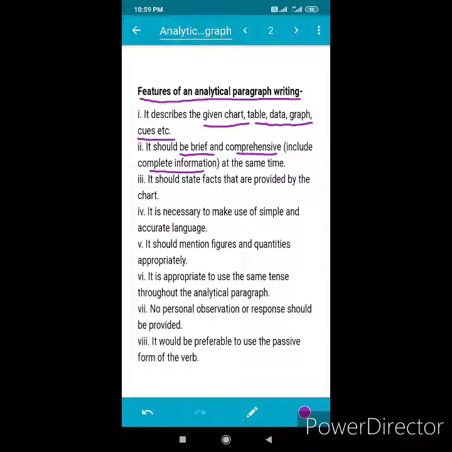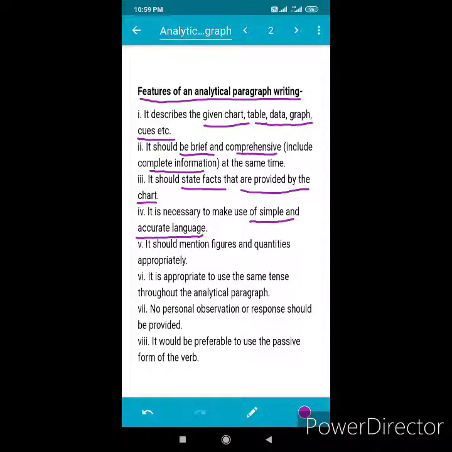Third thing, it should state facts that are provided in the chart. Whatever facts have been provided in the chart, you have to write those. Fourth point, it is necessary to make use of simple and accurate language.